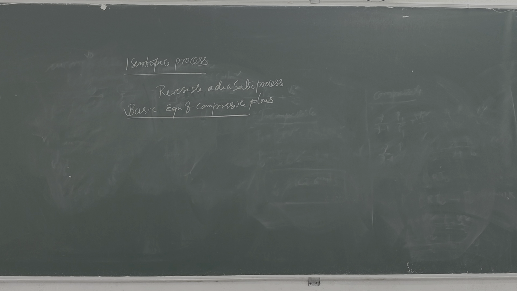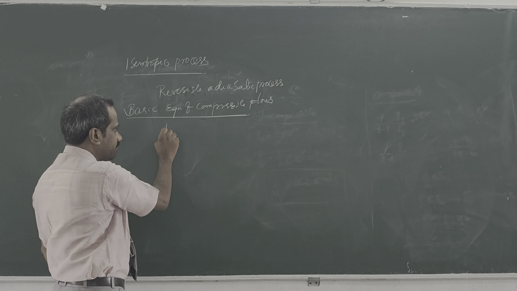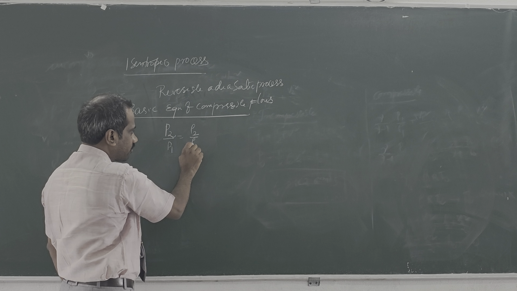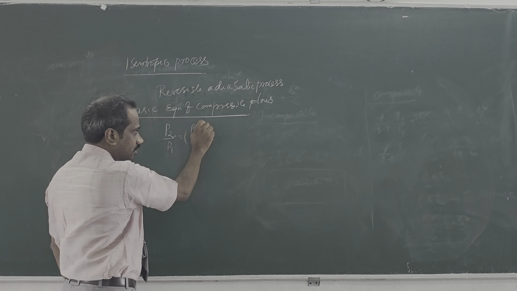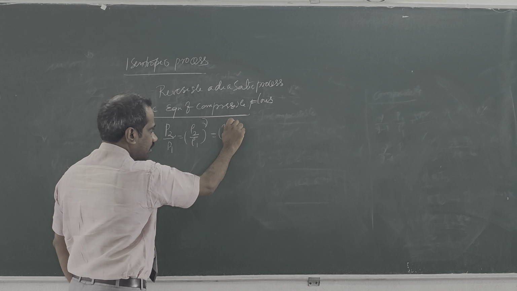Write down the isentropic relations again between two stations: P2 by P1 is equal to rho 2 by rho 1 power gamma is equal to T2 by T1 power gamma by gamma minus 1.